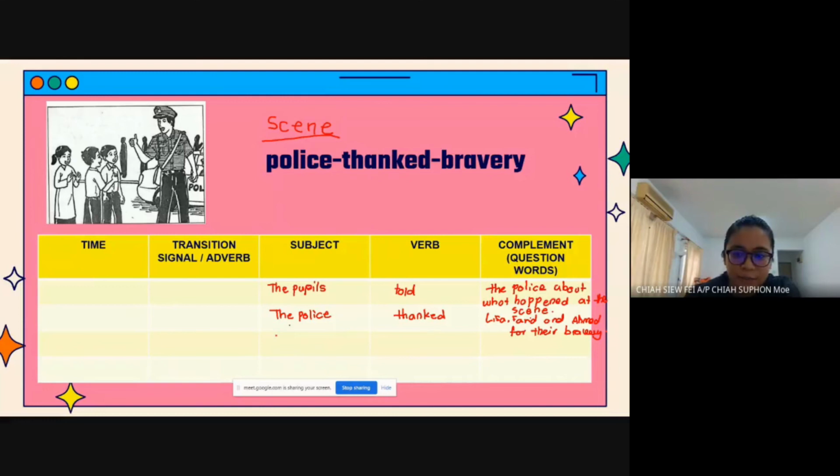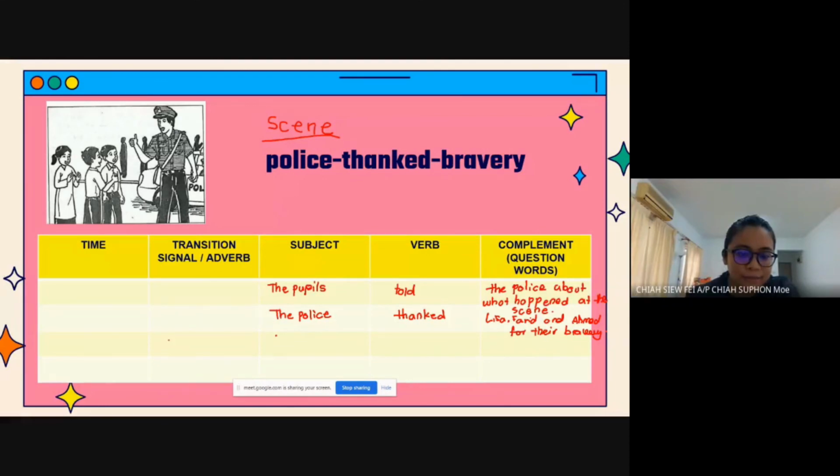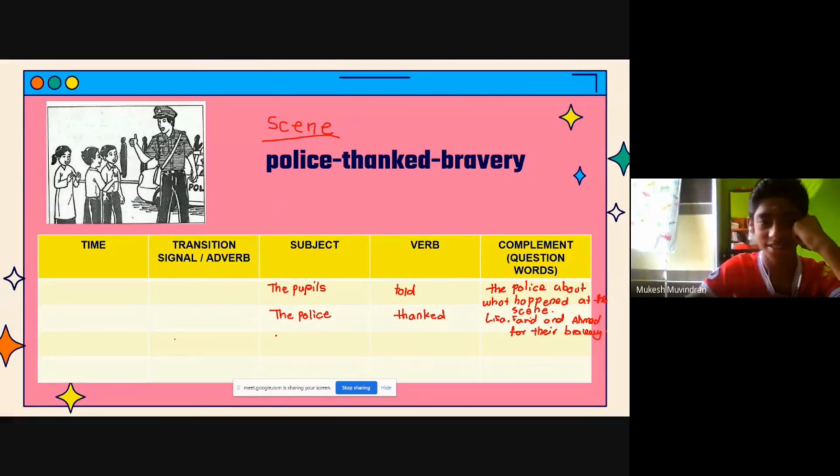So that sentence should have a transition signal. Think about it, because in the second picture, the kidnappers managed to escape, right? Yes.